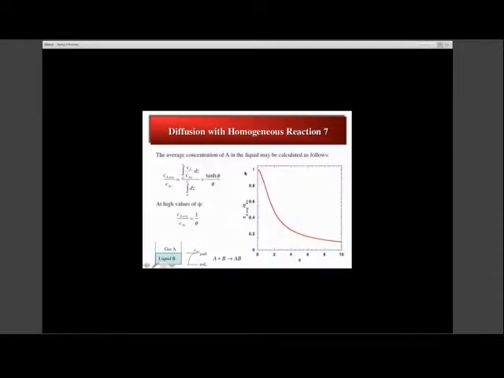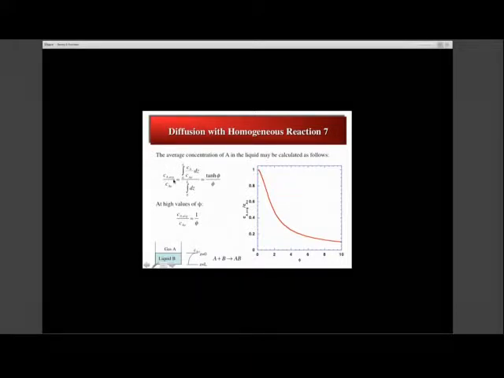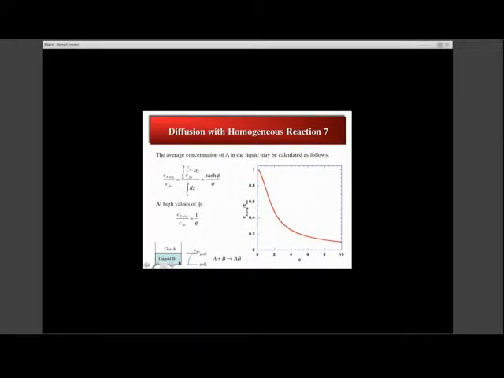It's also not unusual here to calculate the average concentration of A in that liquid because this could also be used to calculate the total amount of A that's consumed. And if you just integrate the concentration profile over the thickness of the liquid, you get this result for the average concentration of A relative to its concentration at the gas-liquid interface.